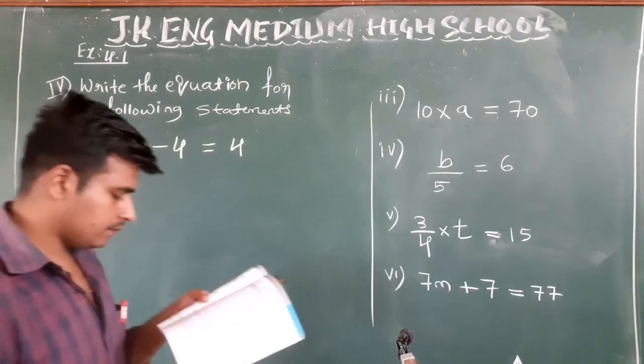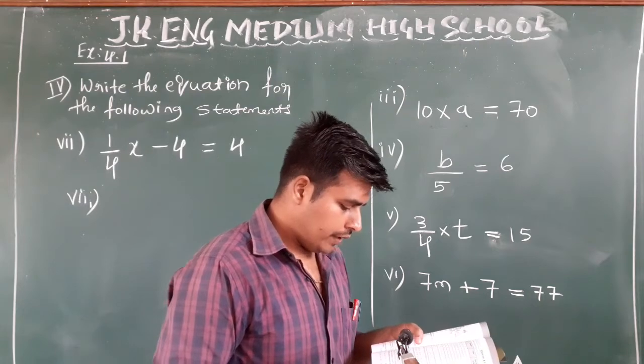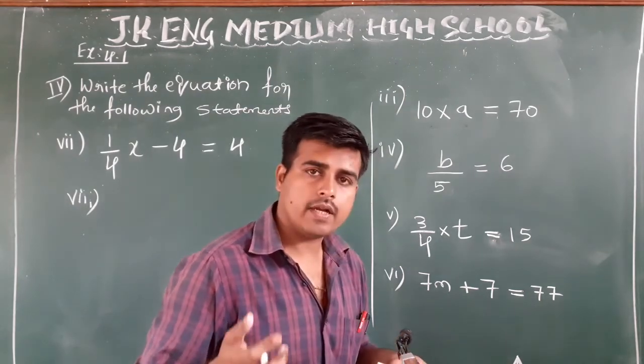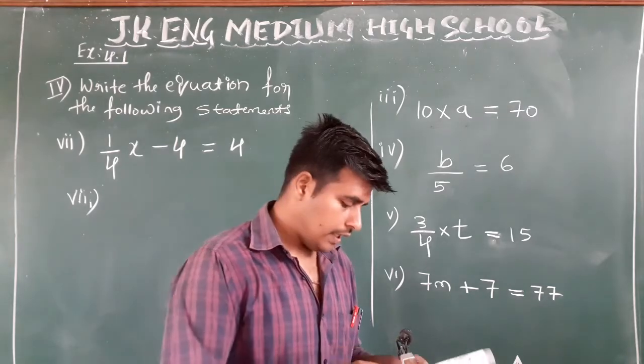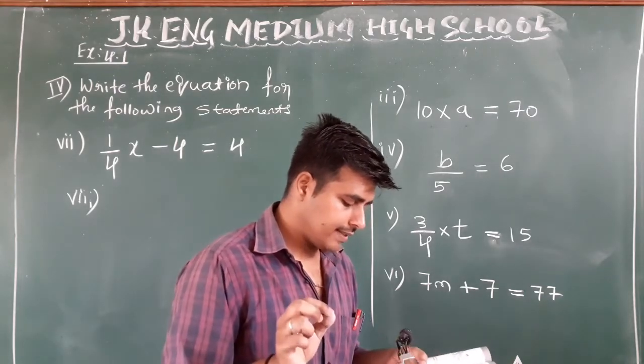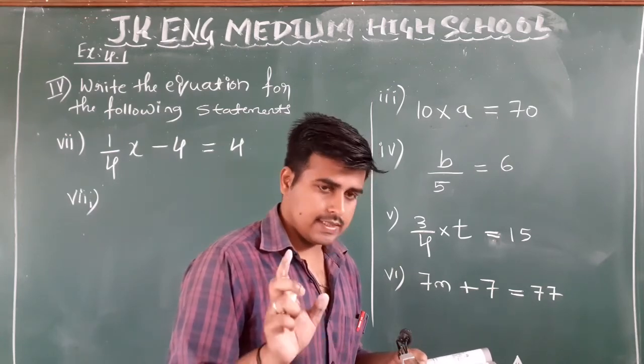Eighth one. If you take away, what do you mean by take away? Take away means to remove. Remove means what? Subtraction. If you take away 6 from 6 times y, you get 60.